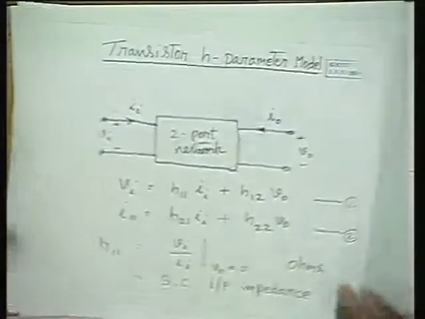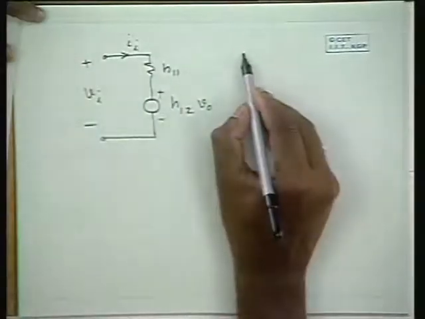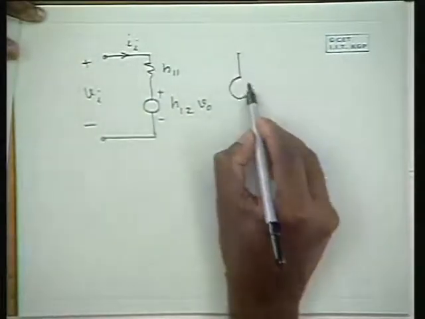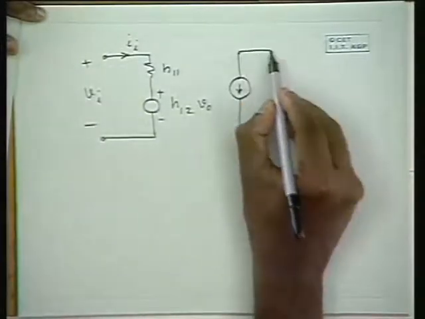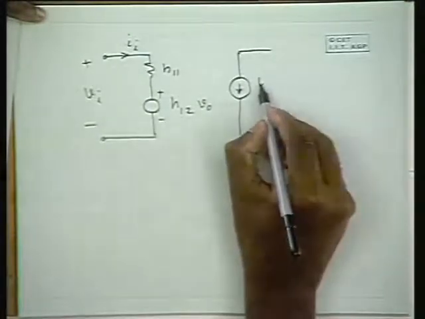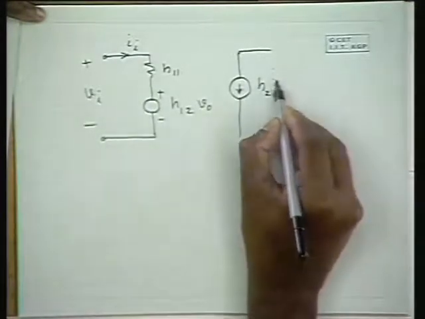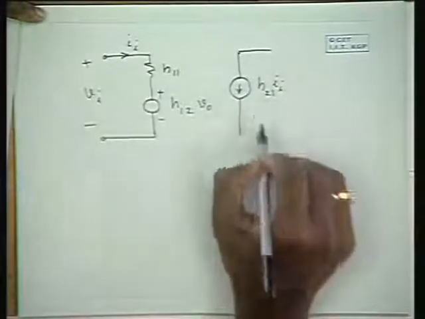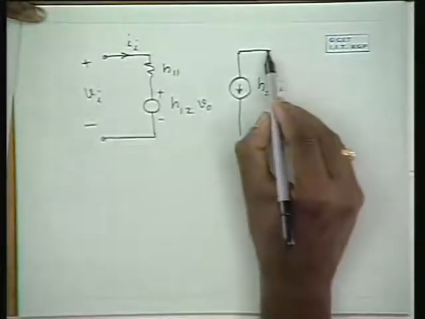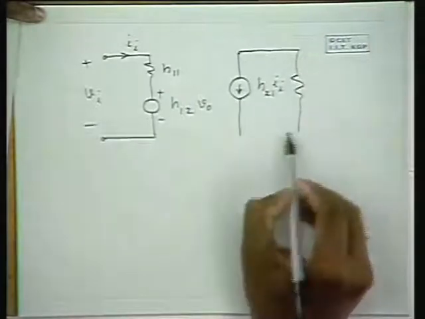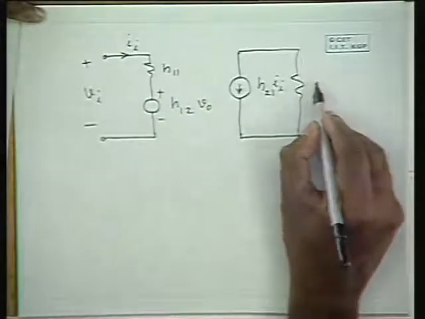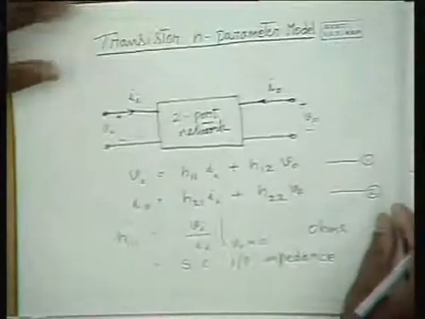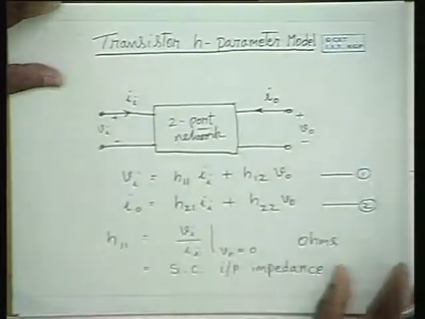Hence, the output side circuit equivalent can be expressed in this form, and this current is H21 I1, an input current dependent current source, and there is an equivalent admittance H22.